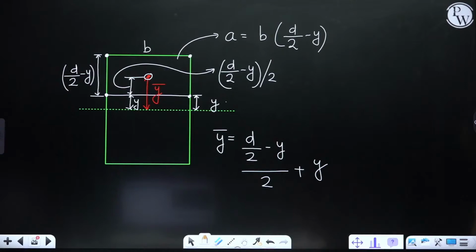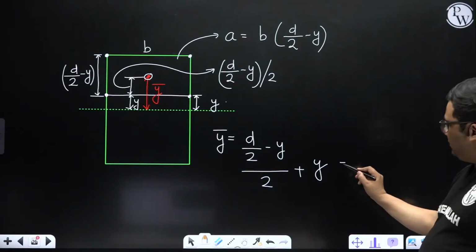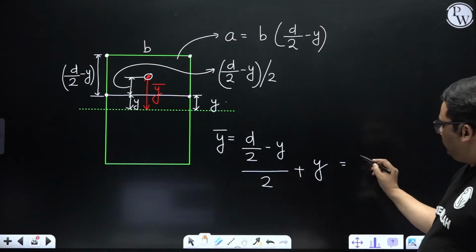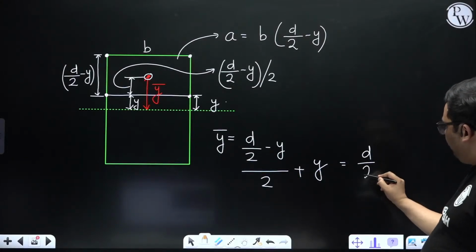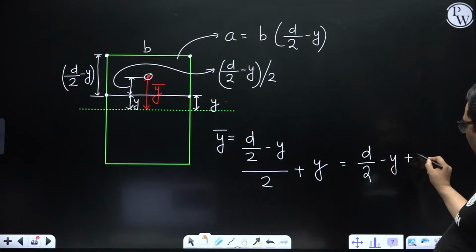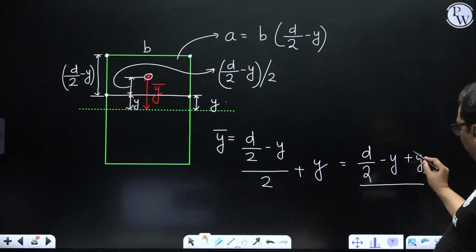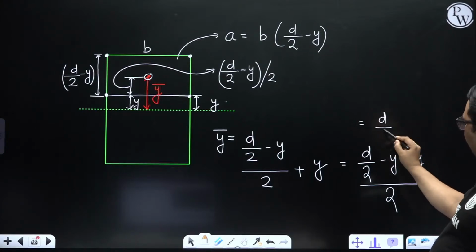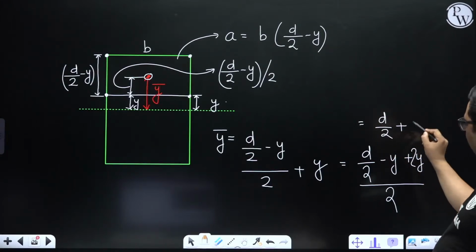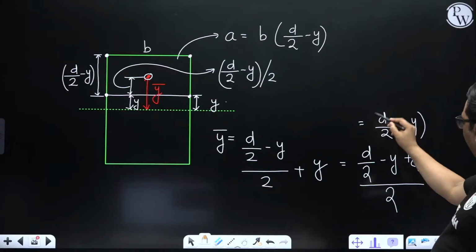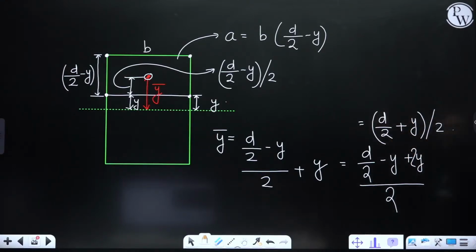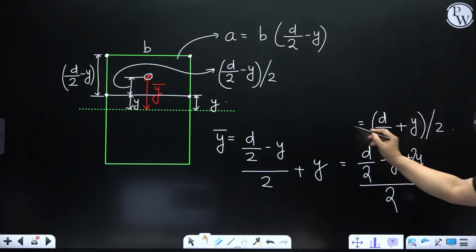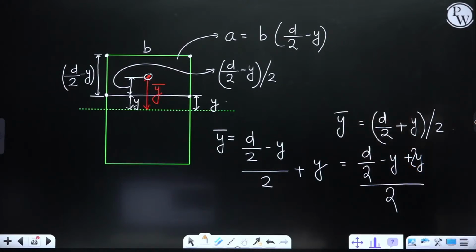Taking the common denominator, this becomes d by 2 minus y plus 2y divided by 2, which gives d by 2 plus y by 2. This is your y bar.